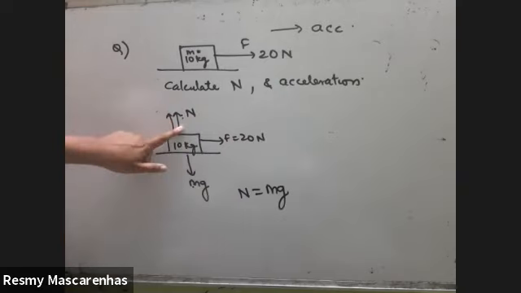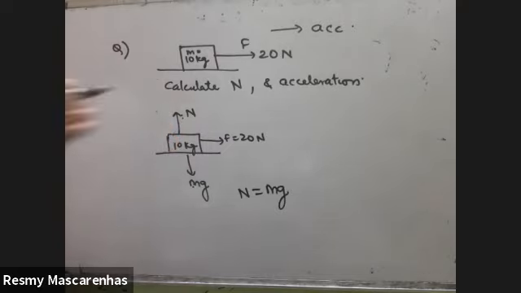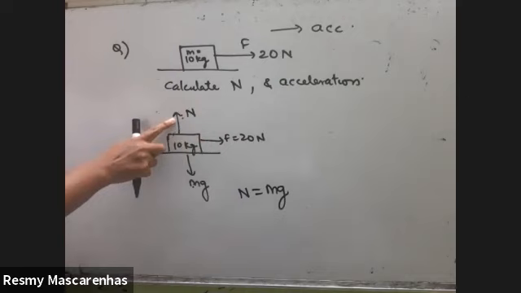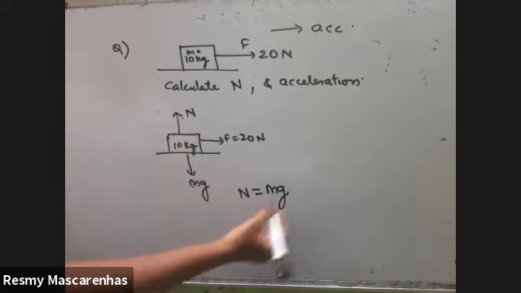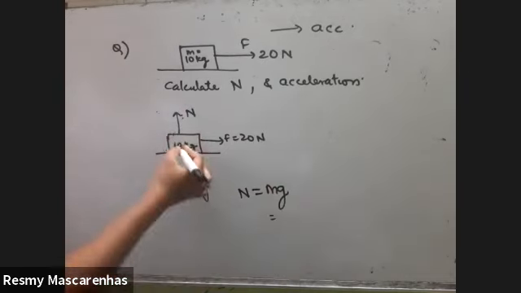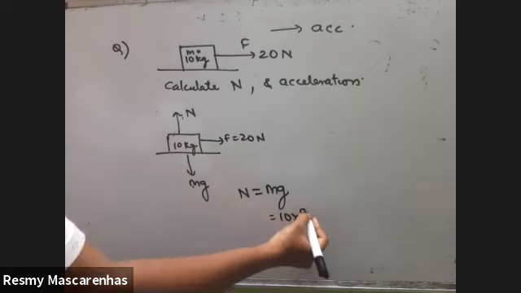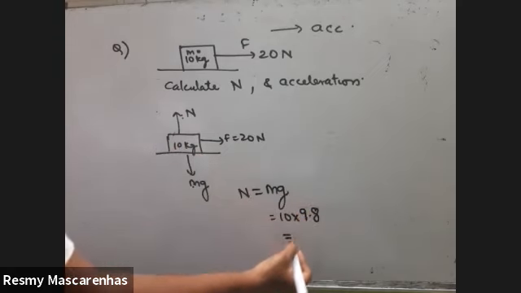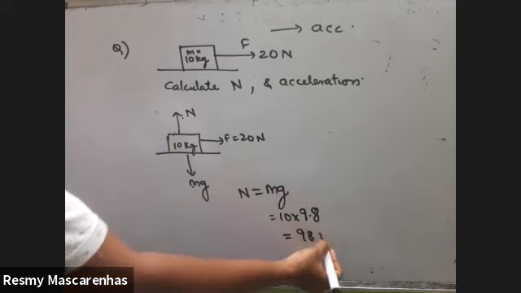If one was coming in the opposite direction, they would have been subtracted. But now there's only one, so directly this is equal to this. If we consider g as 9.8, with a mass of 10, N would be 98 newton.